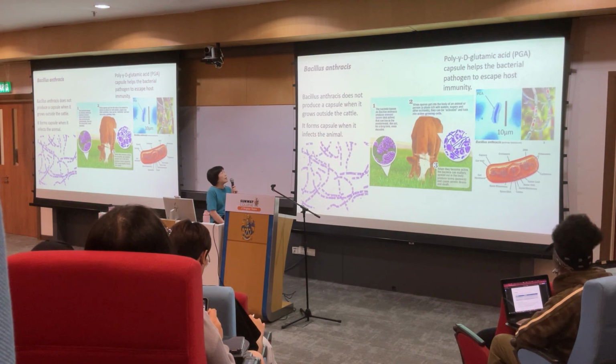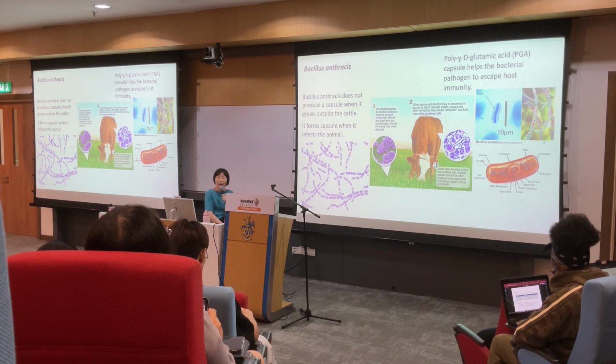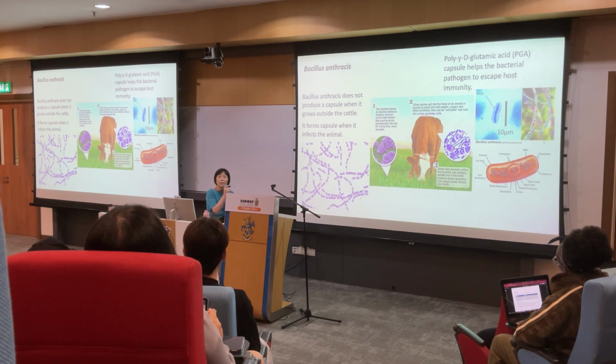Streptococcus pneumoniae is one example. The other example is Bacillus anthracis. Anthrax, you heard about anthrax? I think around 9/11 they used anthrax. This bacteria has been used as a bioweapon.